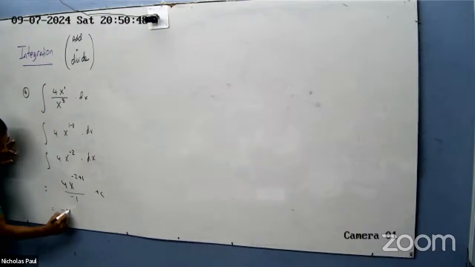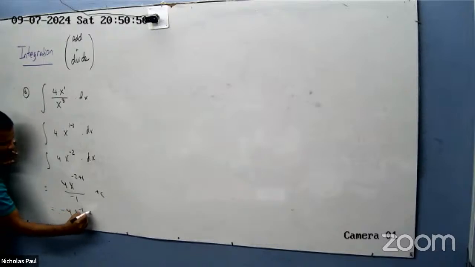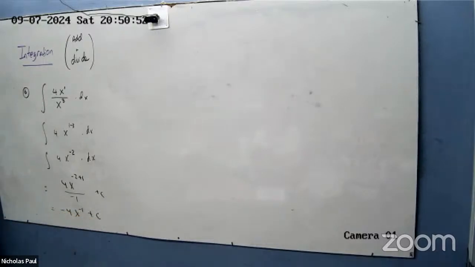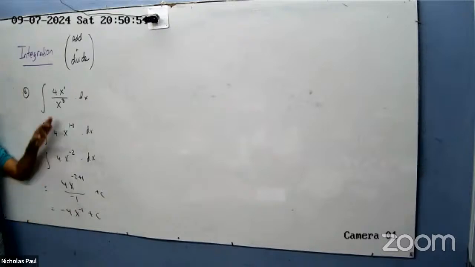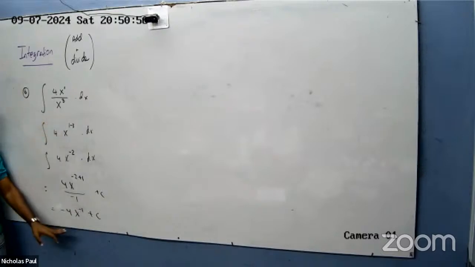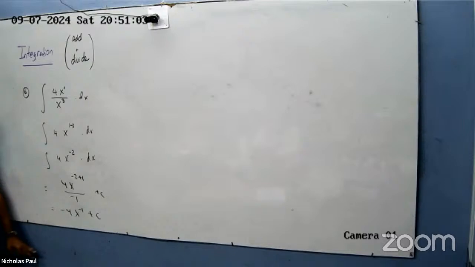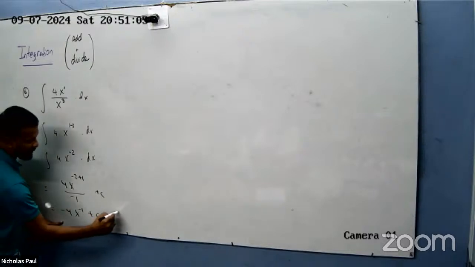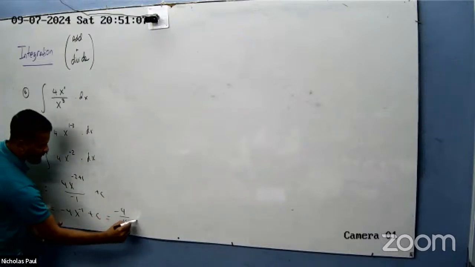So I'll end up with minus 4x to the minus 1. Because I gave you your answer as a fraction, it's a good habit to give it back as a fraction. So your answer will be minus 4 over x.